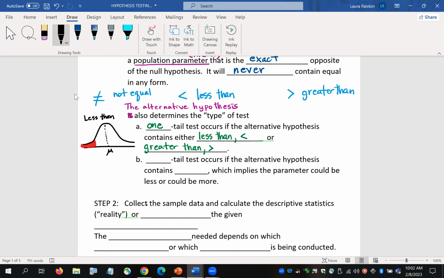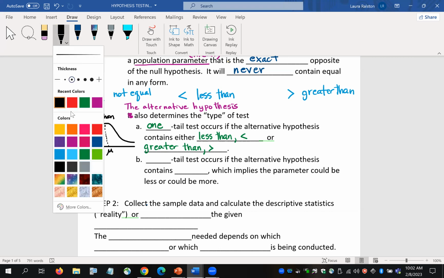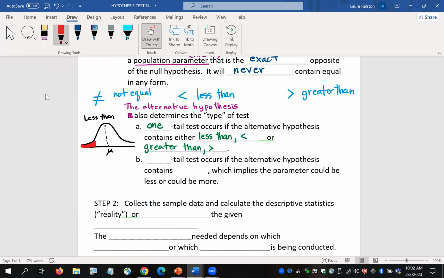That rejection region is on the left. That's why it's called a one tail, because there's one rejection region. You could also hear this referred to as a left tail because that rejection area is on the left.